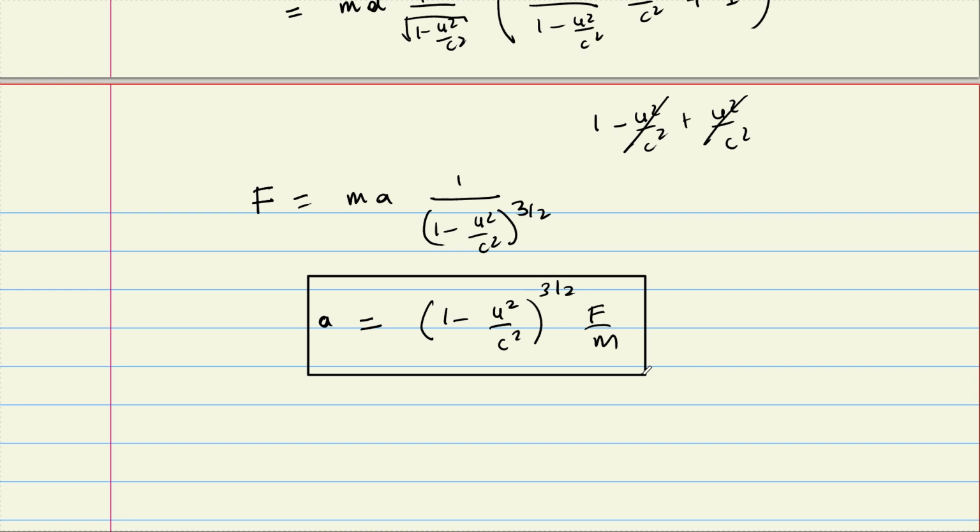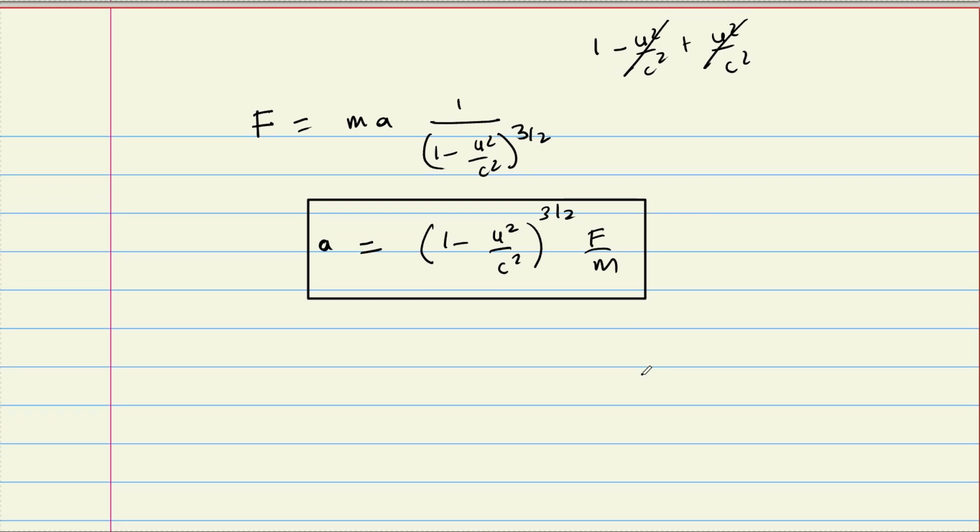Good. Now, as you see, the key about this is as u goes to c, a, right? When u goes to c, you have 1 minus 1 is 0, and a, the acceleration, is going to be 0, even if F is non-zero, right?